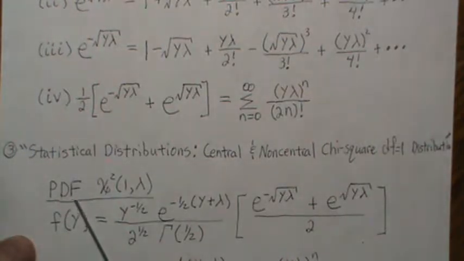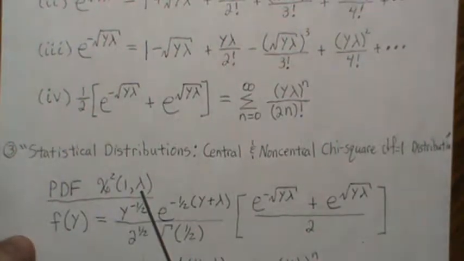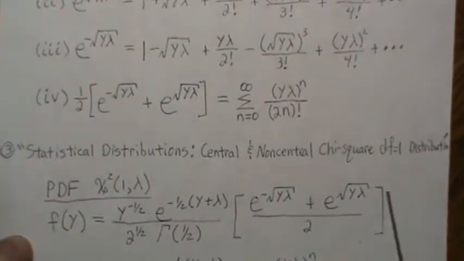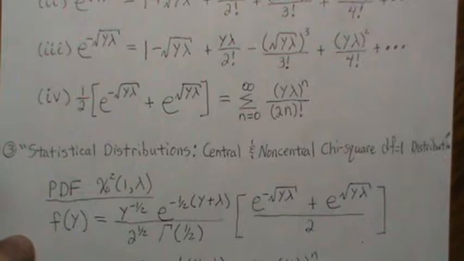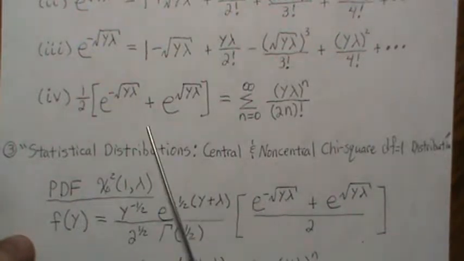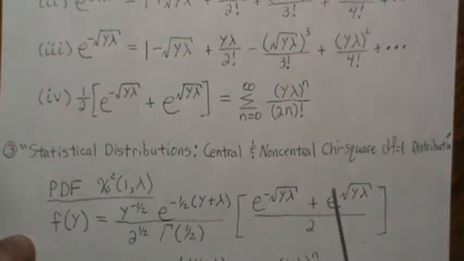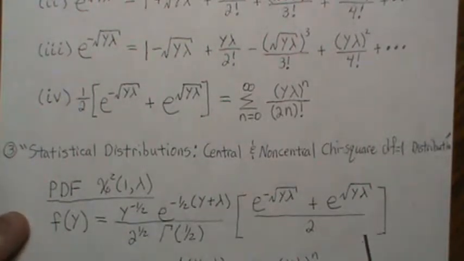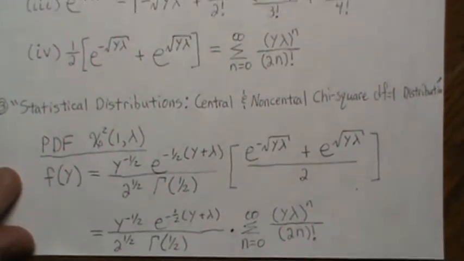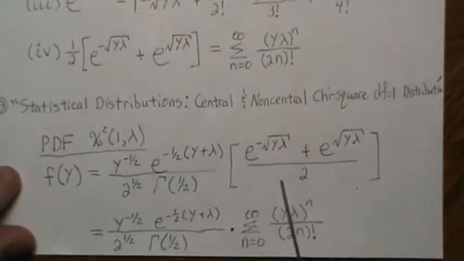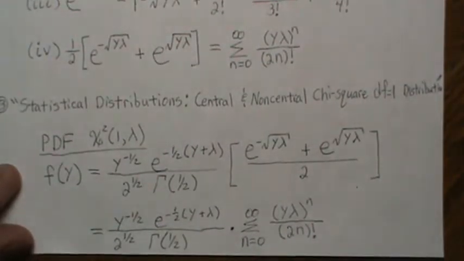So the PDF of a 1 degree of freedom non-central chi-square distribution can be written like this. Okay. Well, if we take this piece here and substitute it in for this piece of the formula, we get this. So this all carries down, and then we substitute this in.